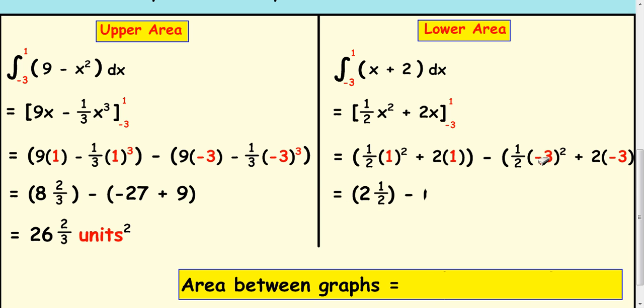In this part we're going to get negative 3 squared, and that's 9. So half of 9, that's going to be 9 over 2, take away 6. So 9 over 2 goes to 4.5, take away 6 if you like. So 4.5 take away 6 is negative 1.5. So 2.5 take away negative 1.5, that's going to be 2.5 plus 1.5, which comes out as 4.